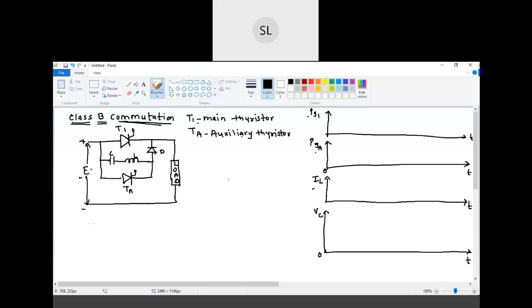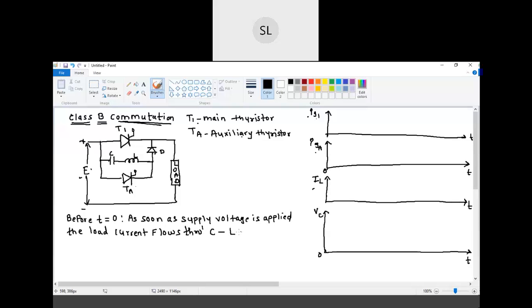So before t is equal to 0, as soon as supply voltage is applied, the load current will flow through C, L, D and load.